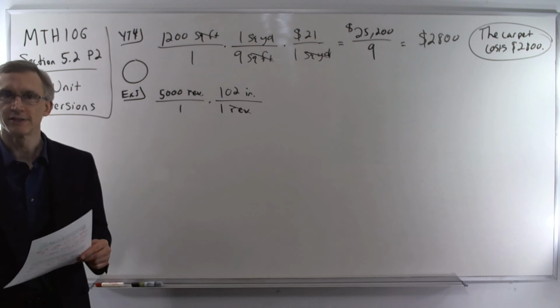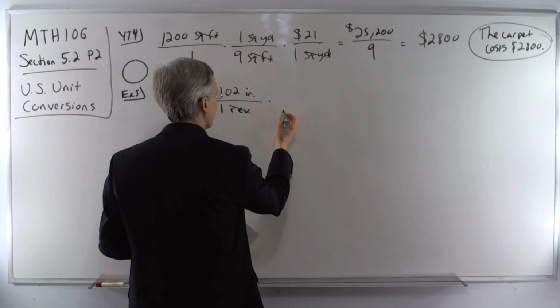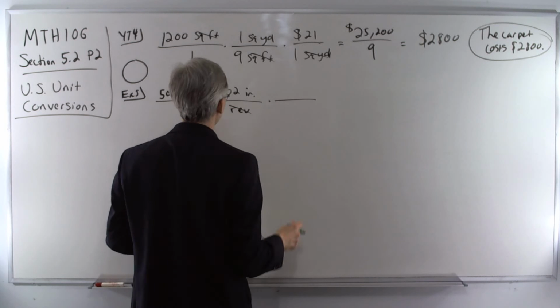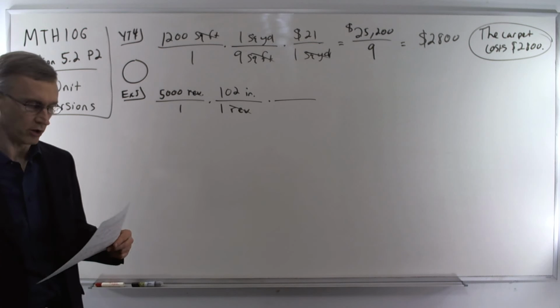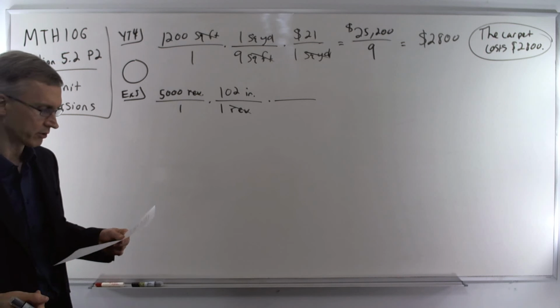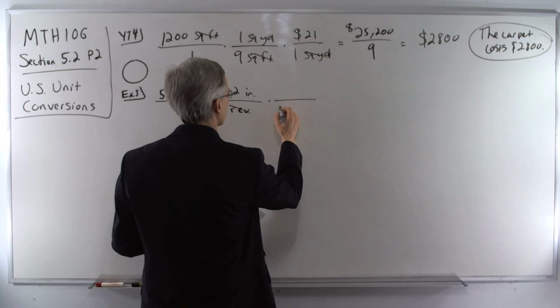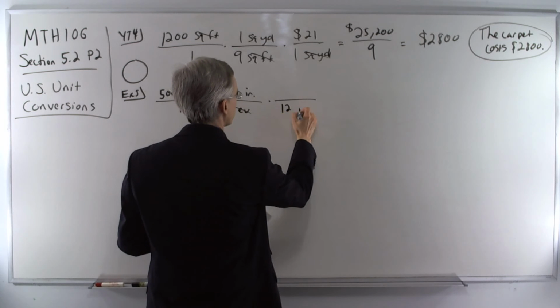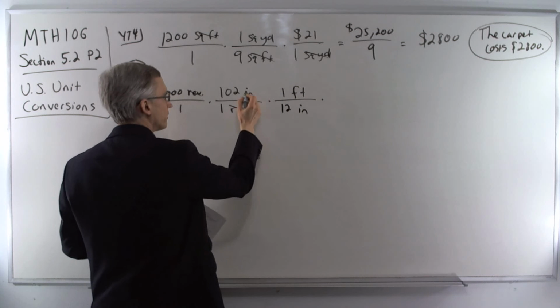But we don't want the distance in inches, we want the distance in miles. So now we need to convert inches to miles. A couple different ways we can do that. We can go from inches to feet, and the feet to miles, or inches to yards, yards to miles. And I'm going to do feet. So that means 12 inches and 1 foot is the first one we need to go from inches to feet.